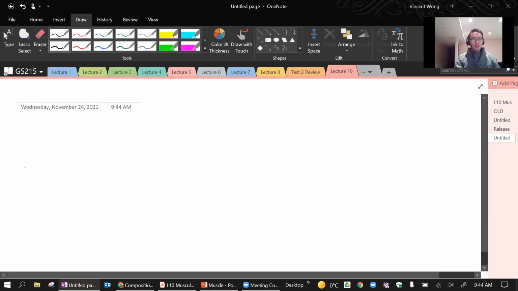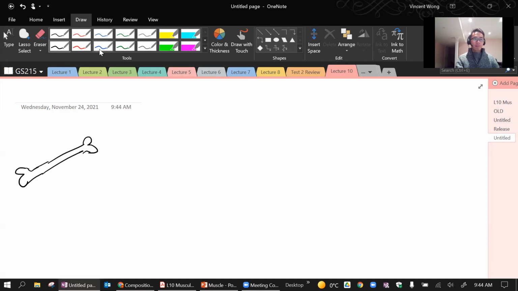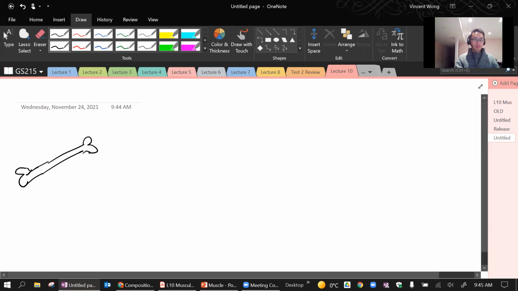So we have one bone, and we are going to have a muscle on the bone. The muscle will attach to the bone through the tendon.